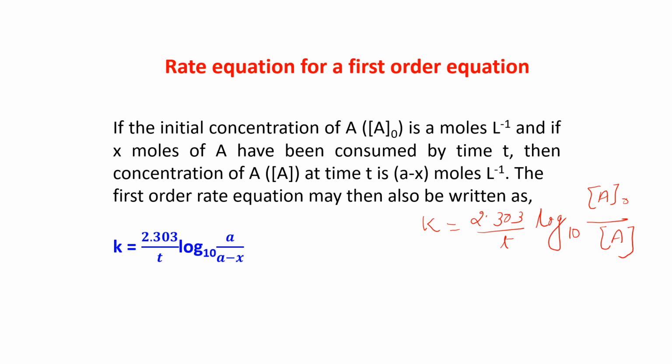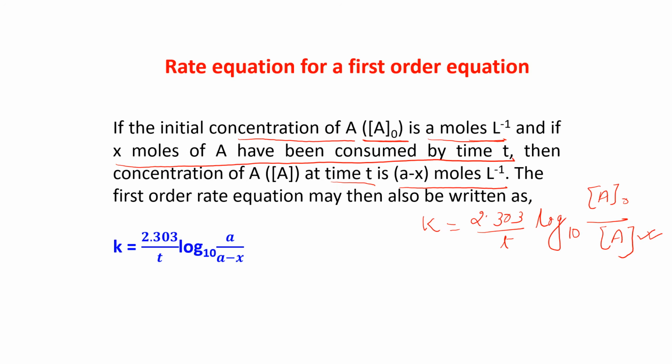How? Suppose the initial concentration of A, which we have taken as A0, is a moles per liter, a mol L^-1. And if x moles of A have been consumed by time t, then the concentration of A at time t is a minus x mol L^-1.